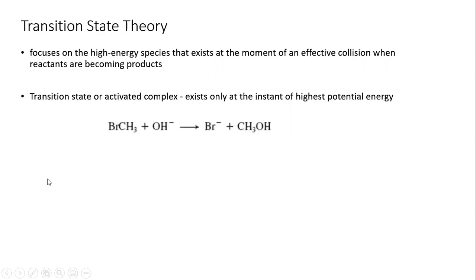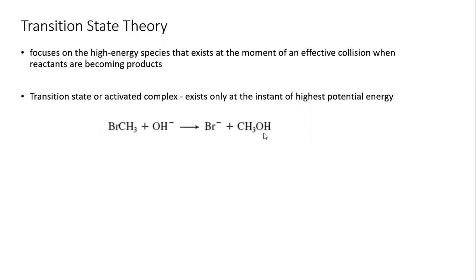So for example, here we have a reaction involving bromomethane plus hydroxide gives us bromide and methanol. So we have one molecule of bromomethane reacts with hydroxide, gives us bromide and methanol.